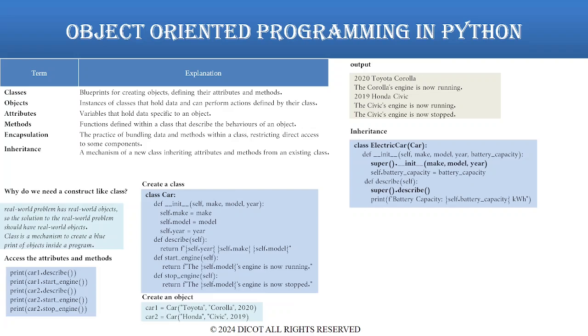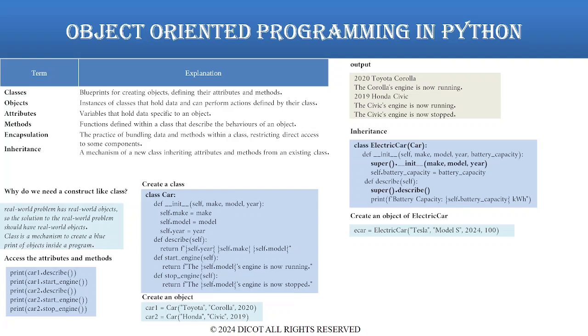To create an object of the ElectricCar class, use the class name followed by the make, model, year and battery capacity in brackets on the right-hand side of the expression, and use a variable name on the left-hand side of the expression to create an ElectricCar object and associate the variable with it. ecar = ElectricCar("Tesla", "Model S", 2024, 100).